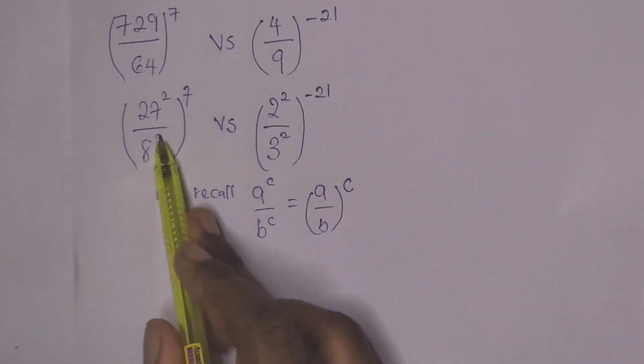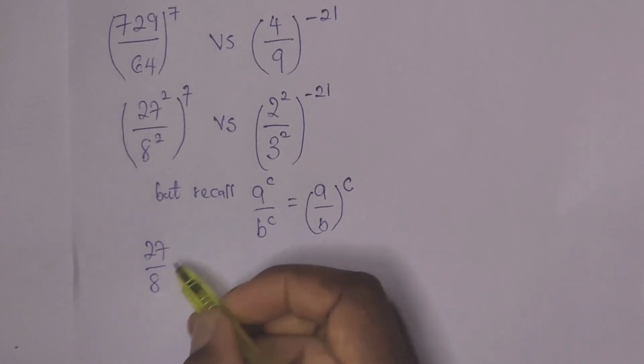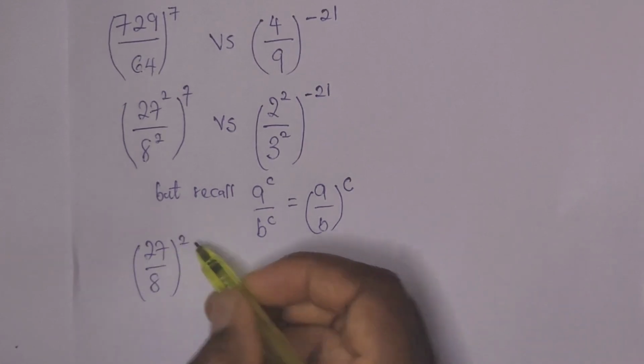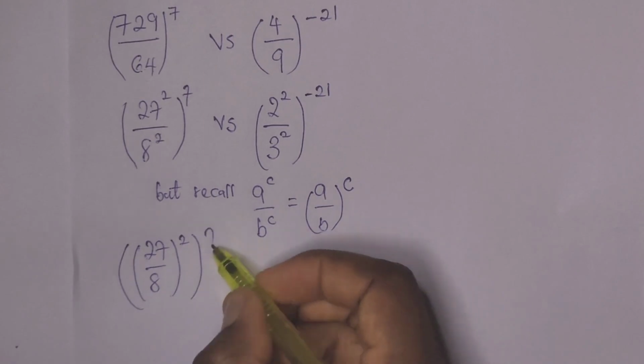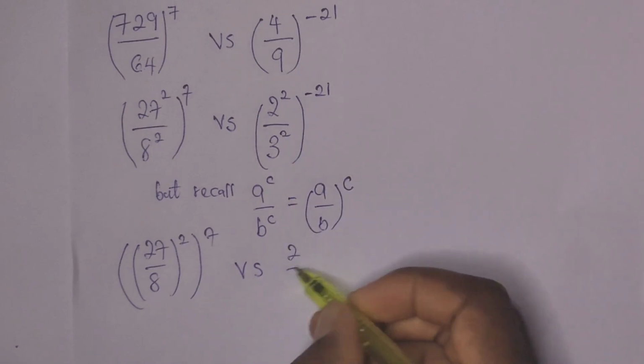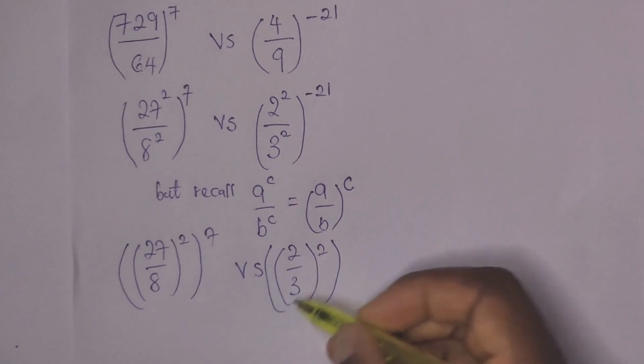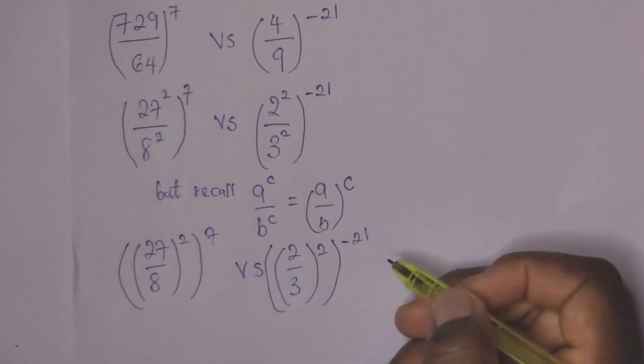So applying this rule here, we have ((27/8)^2)^7, and from here we have ((2/3)^2)^(-21).